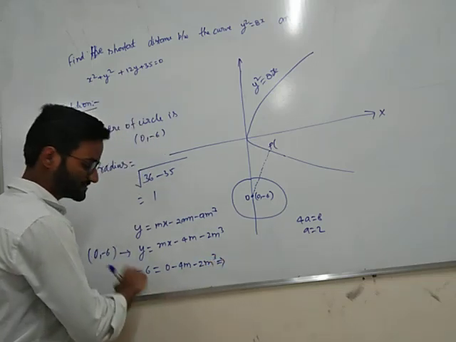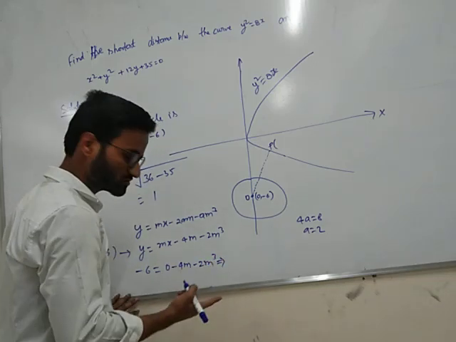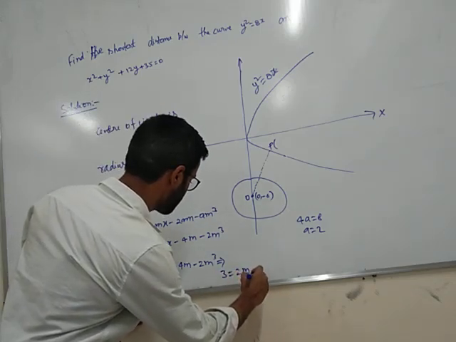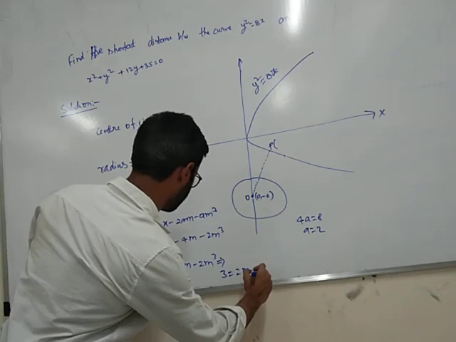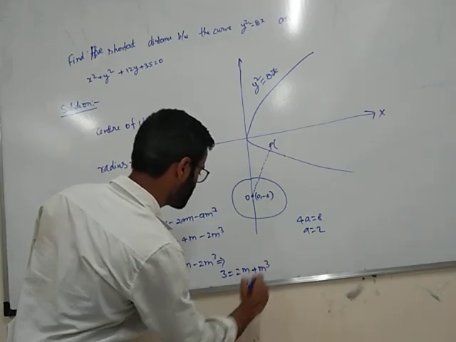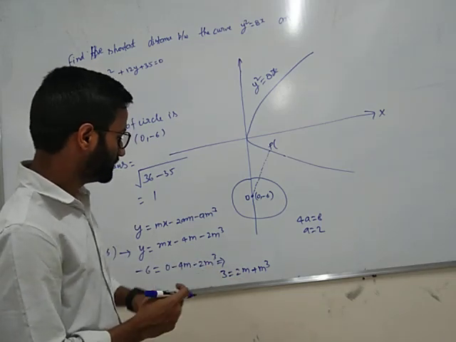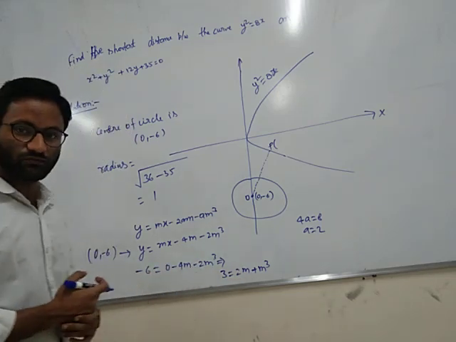The minus signs cancel out and 2 also cancels out. So 3 is equal to 2m plus m cube. I hope it is clear to you.